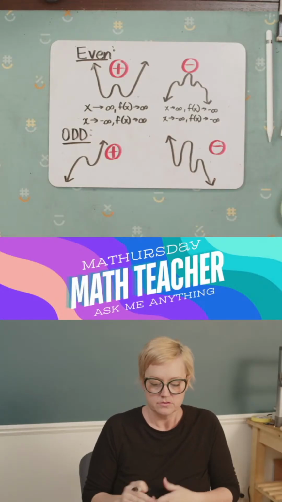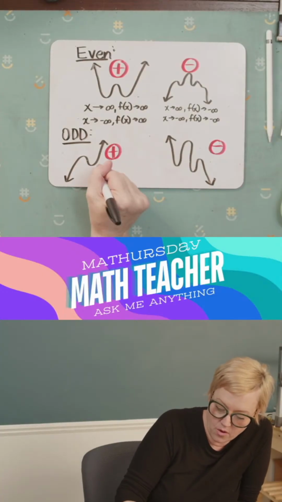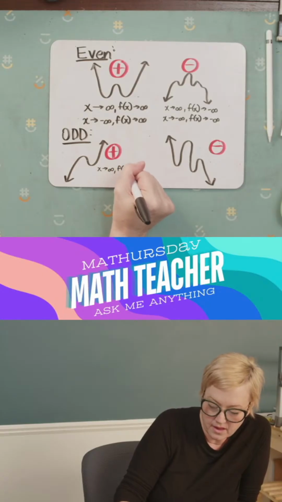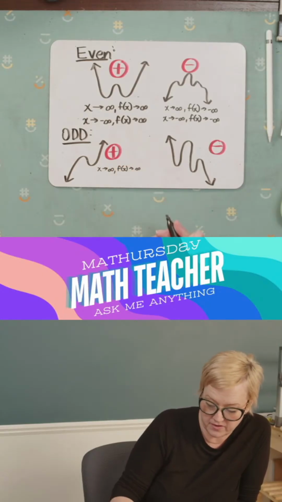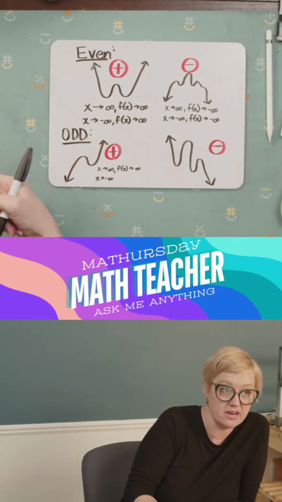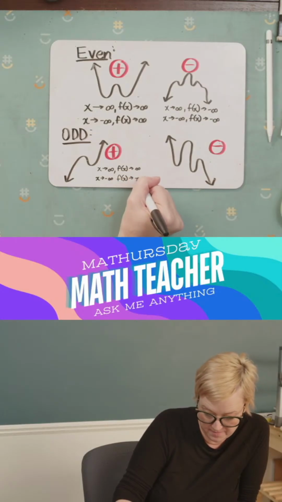So when you're writing this out, as x is going to positive infinity, f of x is also going to positive infinity. As x is going to negative infinity, so as x is decreasing, f of x is also going to negative infinity.